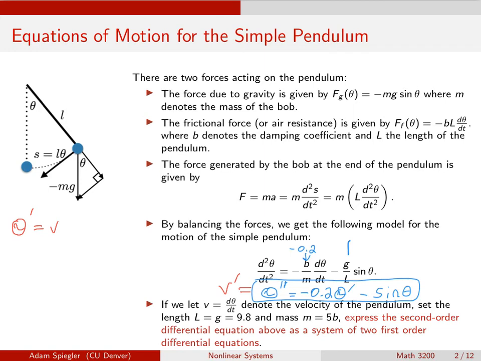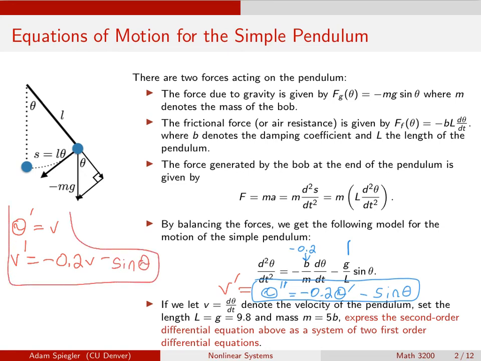So now my second equation would be v prime is equal to minus 0.2 times theta prime. So instead of theta prime, we just write v. And then we've got minus the sine of theta.